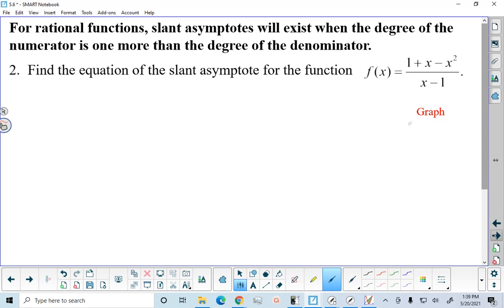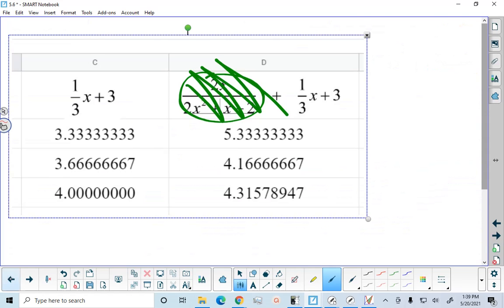So let's take a look at this next one. Find the equation of the slant asymptote for that function. Okay, wait a minute. What we want to do, everybody, is rewrite that function into one function. I want to make sure that I'm using the same letters I used before.